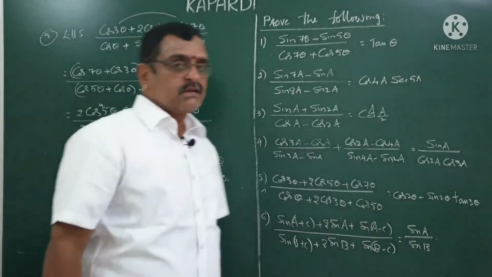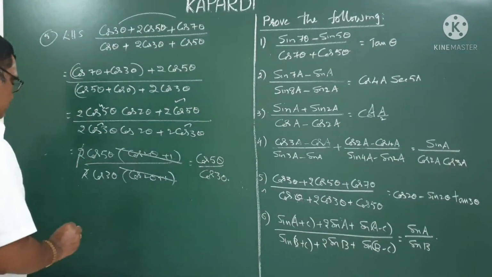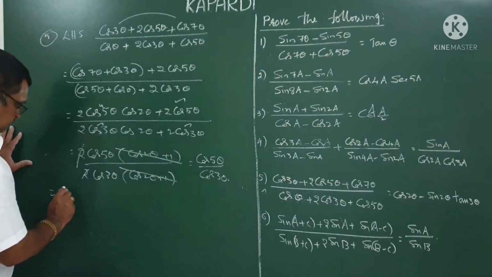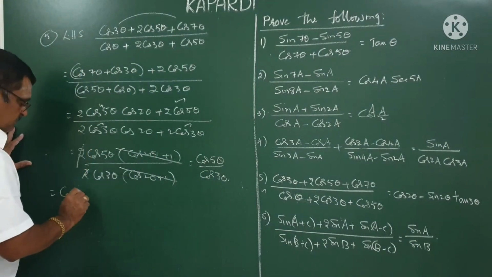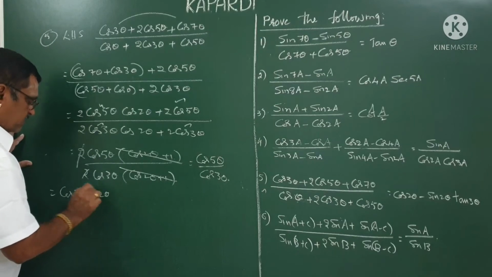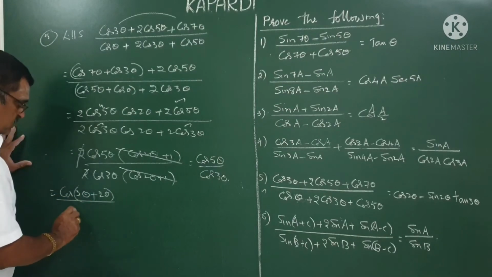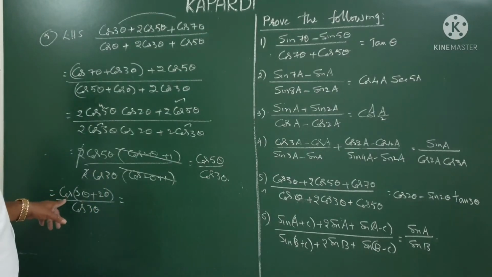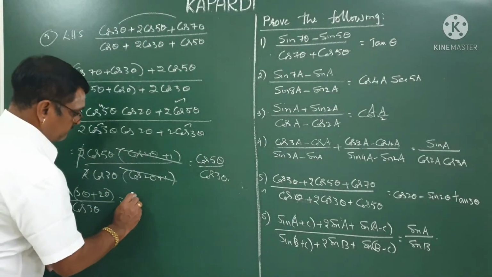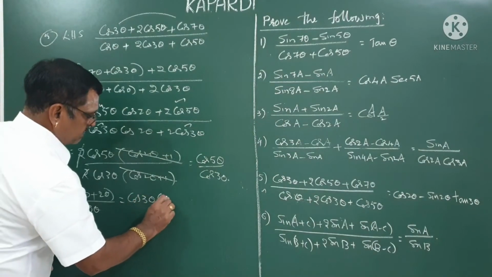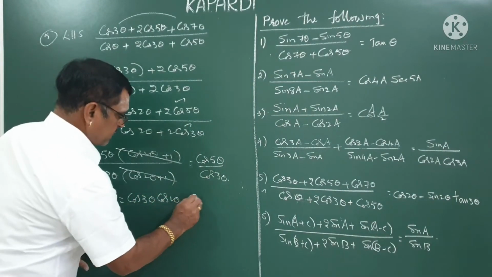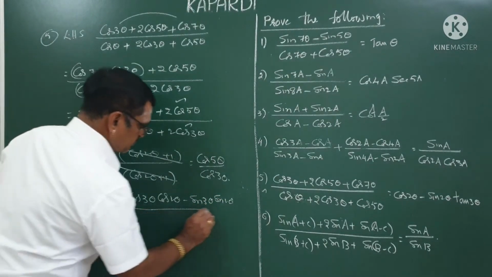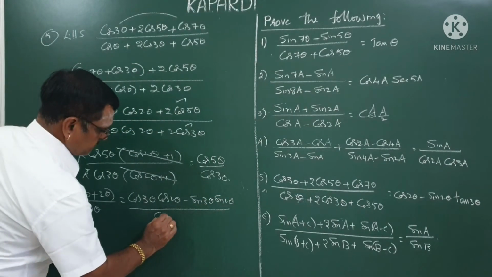But it is not matching with my right hand side. So I need to do some more simplification. So what I do, I write cos 5 theta as 3 theta plus 2 theta, and I don't touch cos 3 theta, I keep as it is. Now this is cos of a plus b formula. So we have cos 3 theta cos 2 theta minus sin 3 theta sin 2 theta, of course, by cos 3 theta.